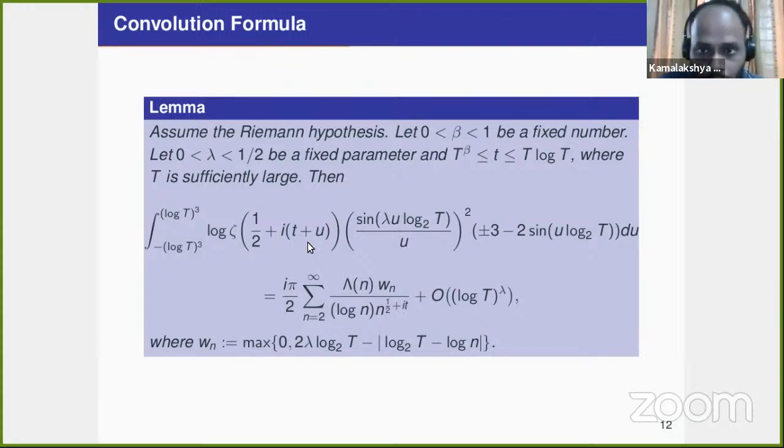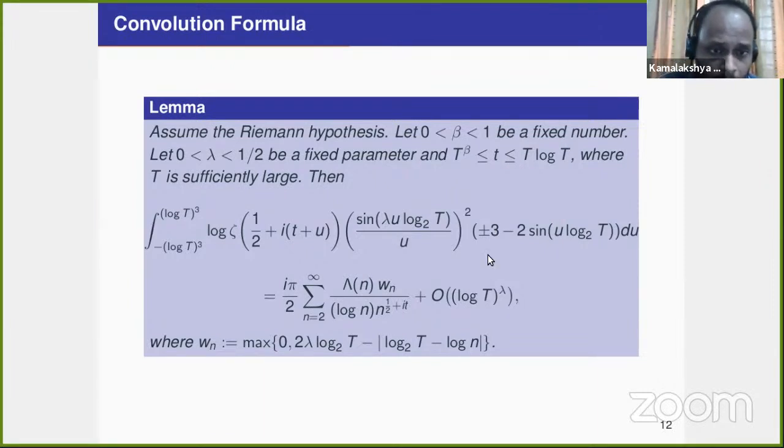What we see here is a positive kernel, sine(lambda u double log t) by u squared, which is always positive. Then we have this plus or minus 3 minus 2 sine(u double log of t). If we choose plus 3, this makes the whole kernel positive. And if we choose minus 3, then this is always a negative number, which makes the whole kernel negative.